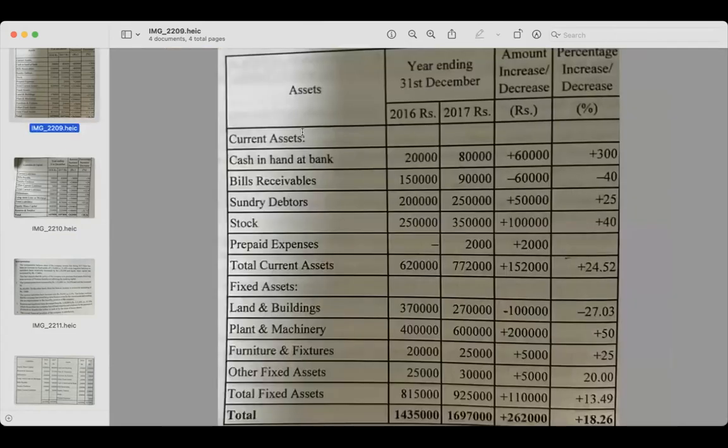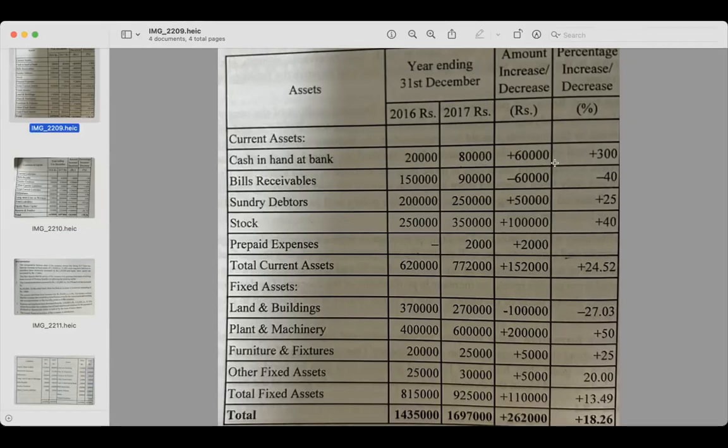Look at the assets. Now, here in this problem, he has taken current assets in the beginning, followed by long-term assets or fixed assets. Current assets, cash at bank and in hand, 20,000 in the first year, 80,000 in the second year.